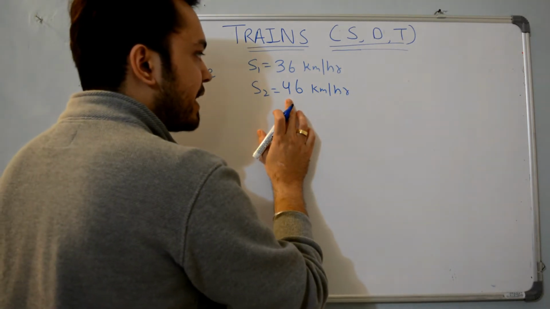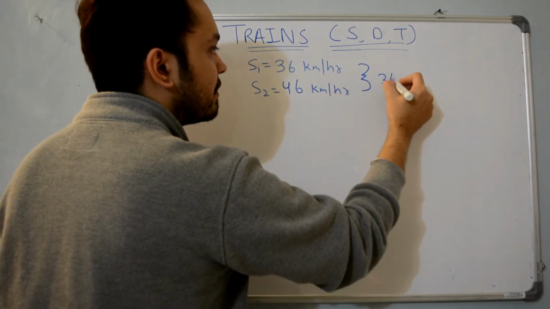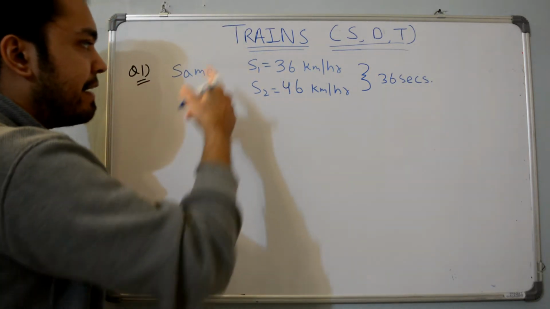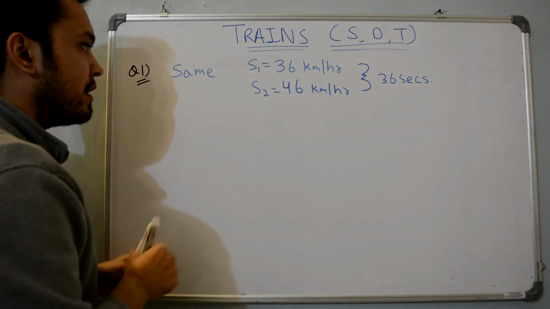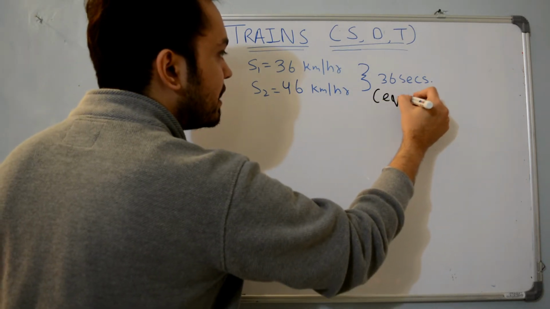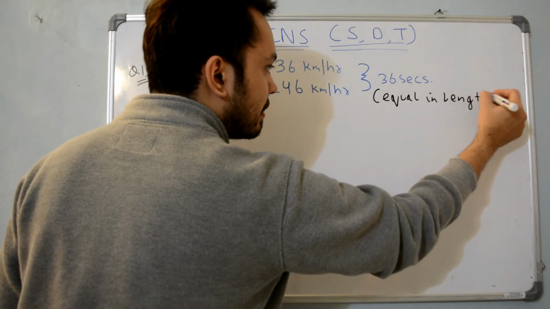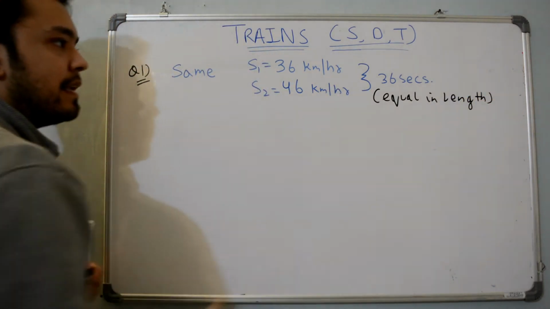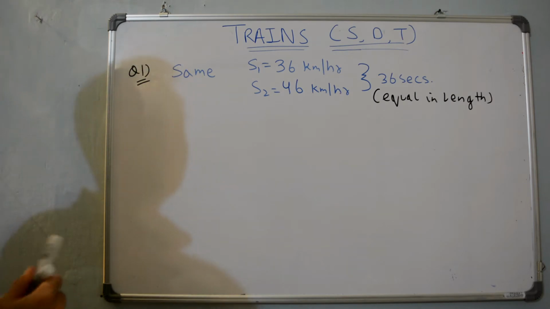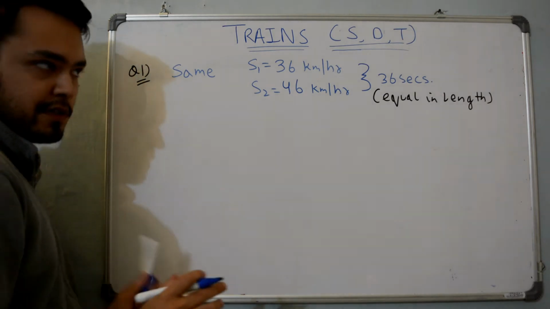The faster train crosses the slower one in a total time of 36 seconds, right? Given that they are both equal in length, here is the catch, they are both equal in length, right? We have to find the length of each train. Clear?